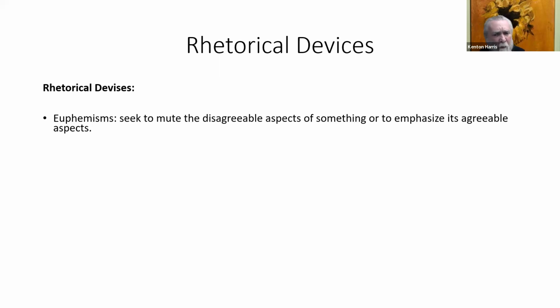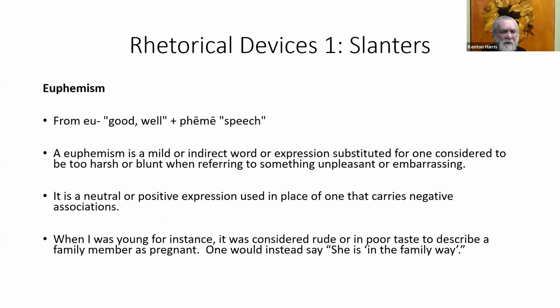Euphemisms seek to mute the disagreeable aspects of something or to emphasize the agreeable aspects. Euphemism comes from the Greek eu, a prefix that often means happy, blessed or pleasant, and pheme, which is a bit of speech. So a euphemism is a happy or pleasant little bit of speech.